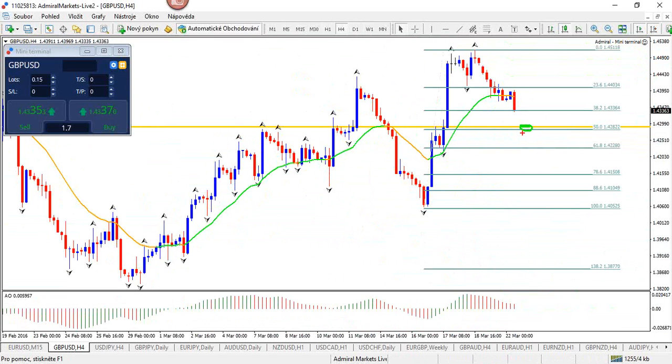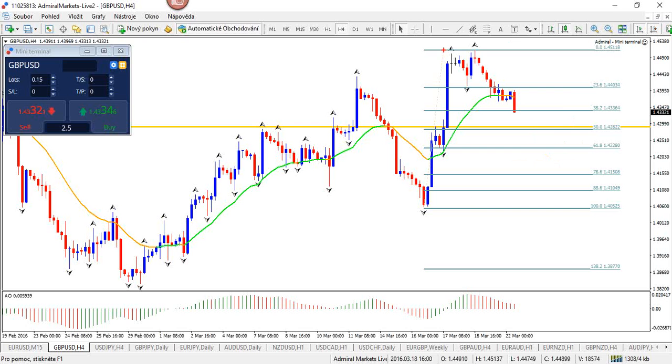Obviously, if price does not respect that level and starts to continue like this, then definitely more of a bearish environment. But this is a pair that is very much a mixture of a lot of things, so you could really read it both ways.